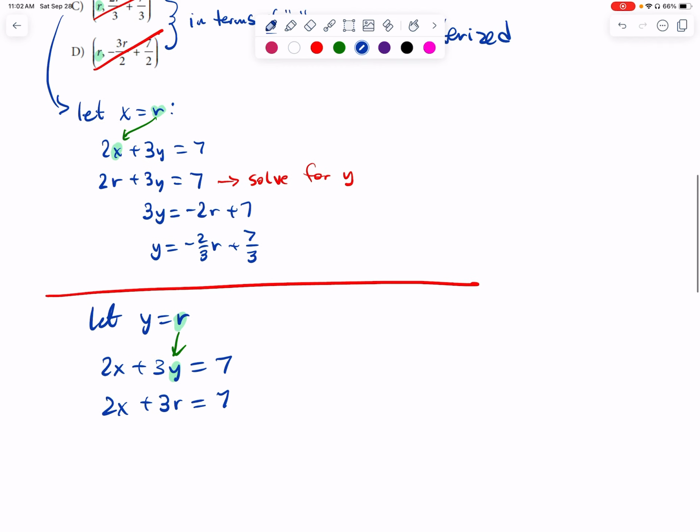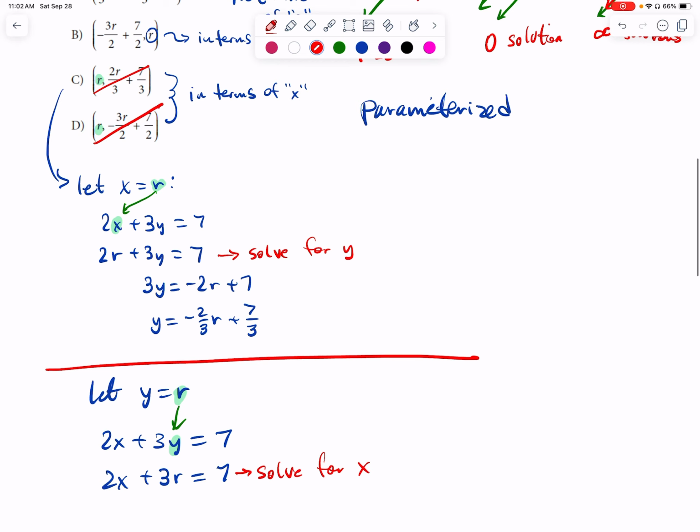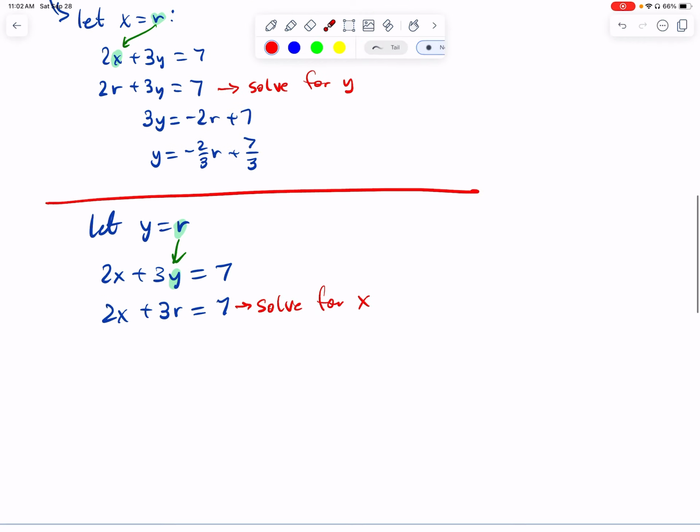Why am I solving this thing for x? I am solving this for x because I already have assumed that the y-coordinate is r, and we want to see what the heck this thing is. So I'm going to subtract over the 3r. So I have, once again, 2x is equal to negative 3r plus 7.